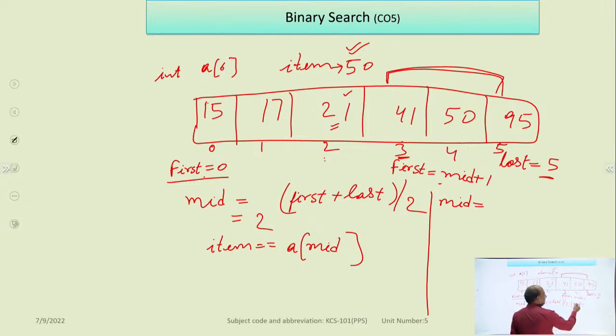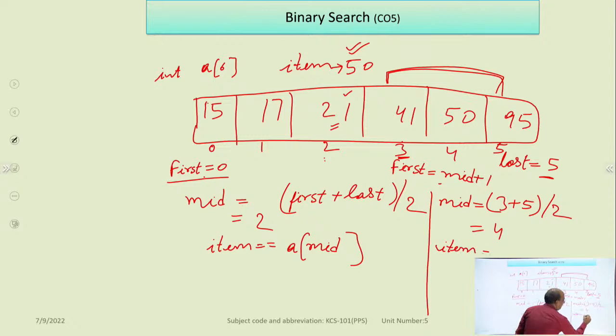So mid will now be calculated again, and mid is first plus last upon 2, which means 3 plus 5 upon 2, and that results in 4. Again we will compare whether the item we are looking for is at A of mid.